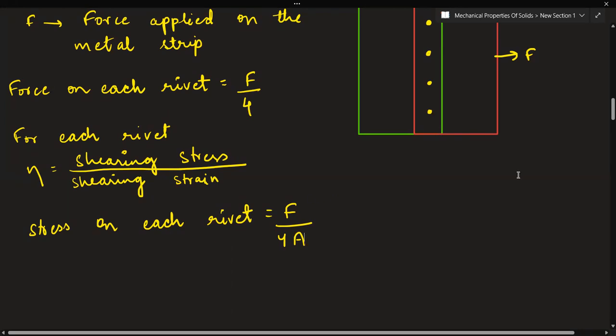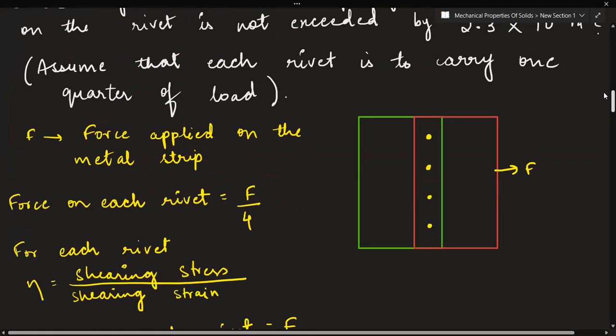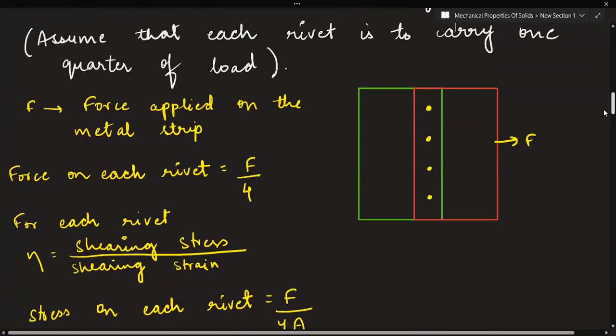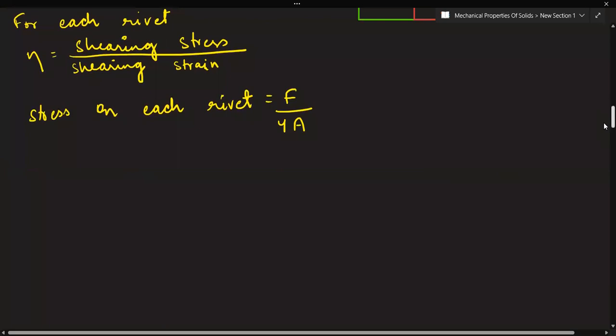Then the maximum stress given in the question, the maximum shearing stress, is 2.3 into 10 to the power 9 pascals. Yes or no? This is the maximum shearing stress which should not be exceeded.